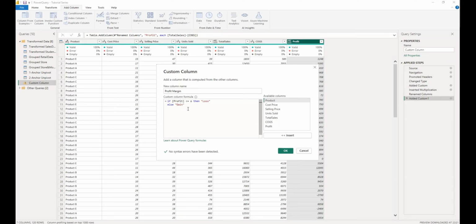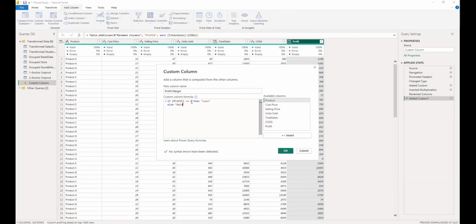Yes, you gain or you lose. So gain and loss. I hope that's the right word. Let's just make it simple. This is to grade the profit, so you know the ones on the losing side and the ones on the gaining side.